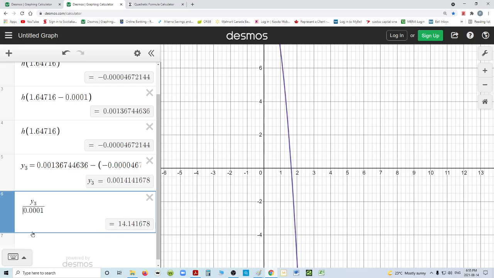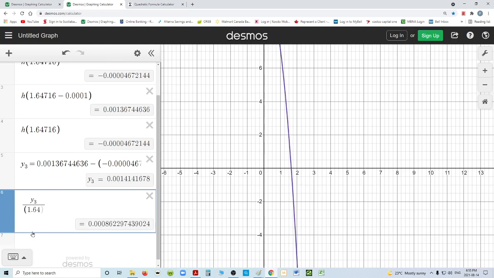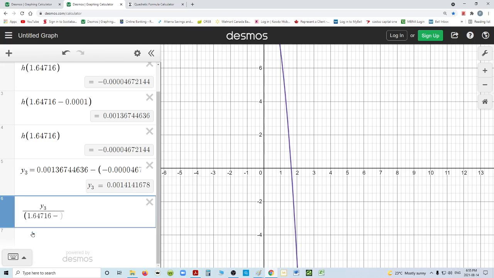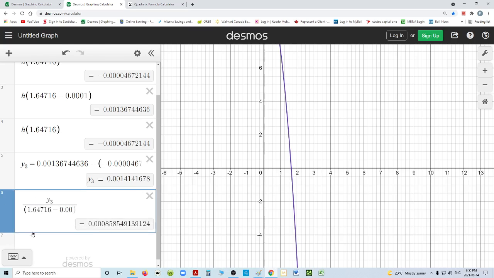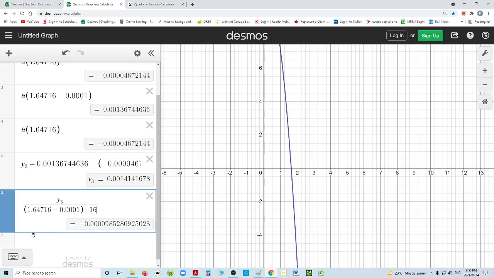Why is it negative? Because this last one, this one here, 1.64716, has 0.001 subtracted off of it, and then minus that. These are my delta x's.